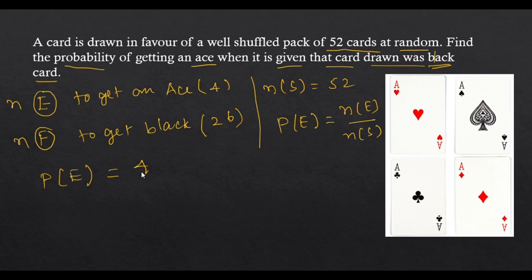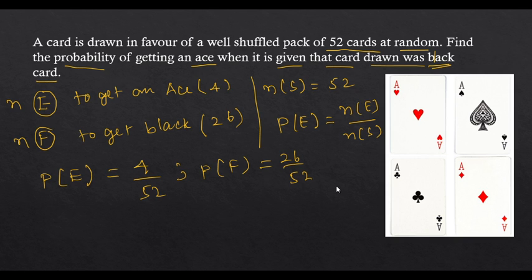So let us apply the same formula here. The probability of E is 4 out of 52. And the probability of F is 26 out of 52.